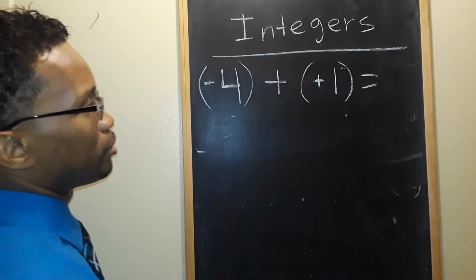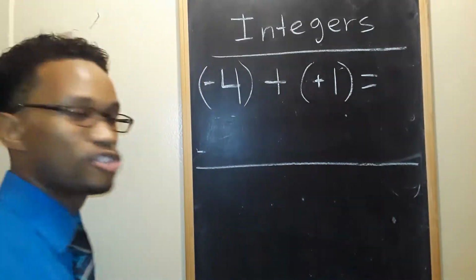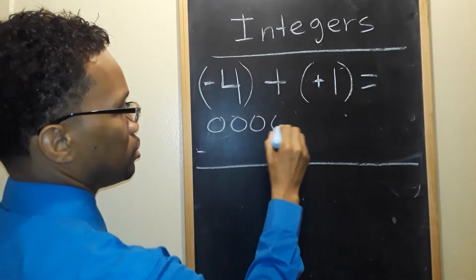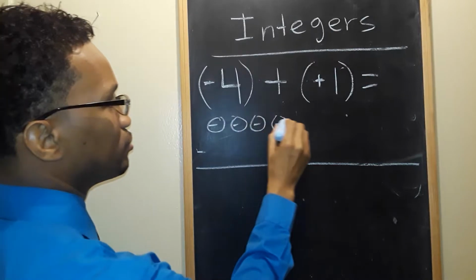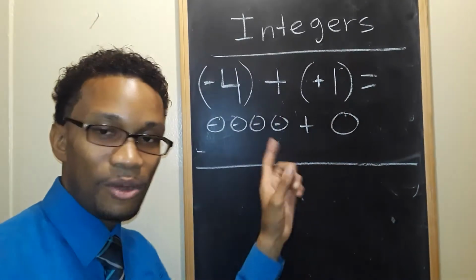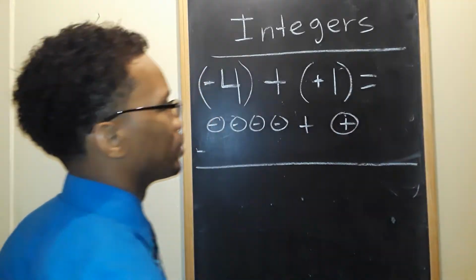So negative 4 plus a positive 1, what would that answer be? First, let's draw it out. I'm going to draw 4 circles, and each of them is going to have a negative inside. Plus a circle here, and obviously, that circle will have a positive inside of it.